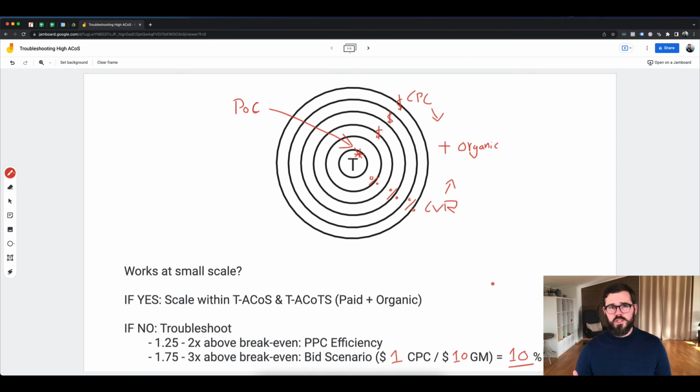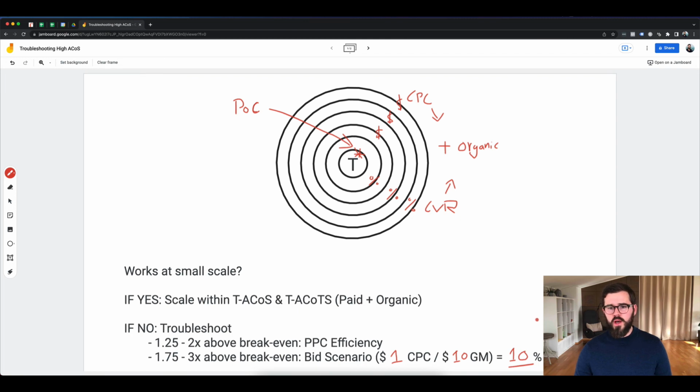If you do the analysis and you're in that kind of situation, then obviously the most likely reason it's not working at small scale is just because you have an impossible bid scenario that you can't make work. Or at least I don't know how to make something like that work. But if you see this bid scenario is more like 10% required conversion rate to break even in this market with this product, with these margins, then that's most likely doable.